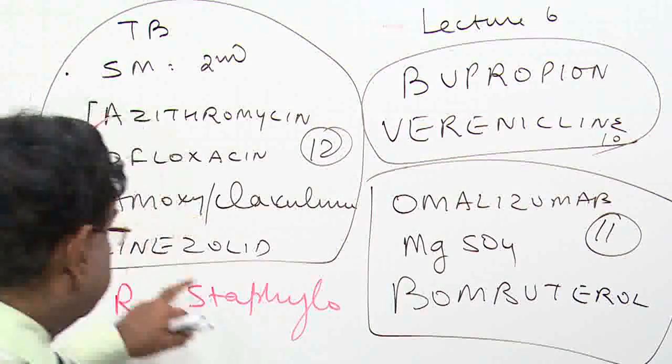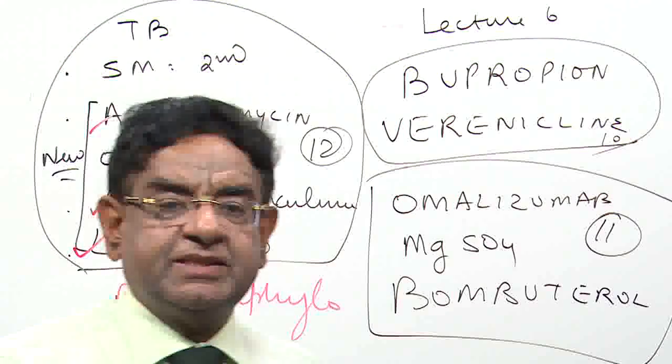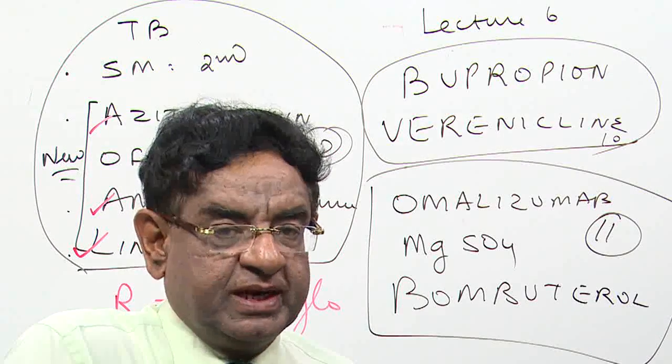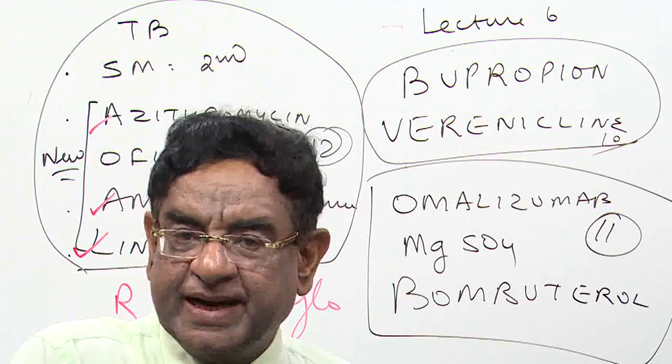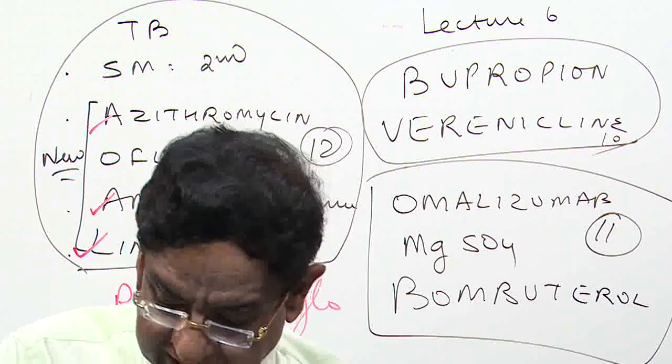Got it? So these are the anti-tubercular drugs. So that means there is something common between the microbiology of Mycobacterium and Staphylococcus. That's why the two drugs are interacting with each other. Okay.